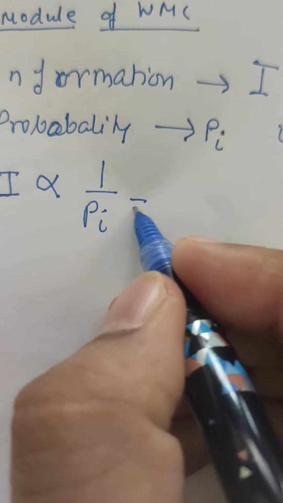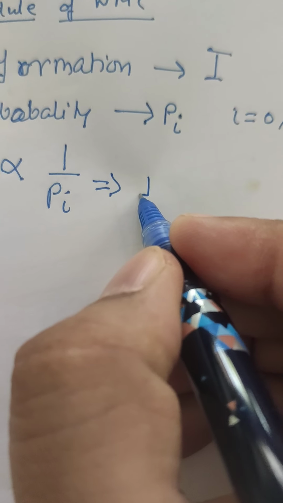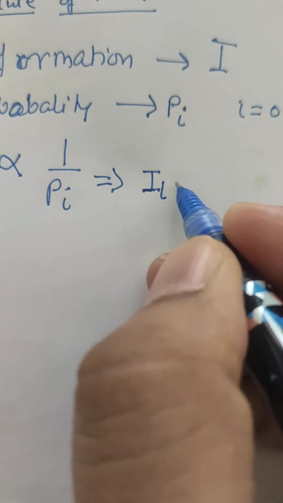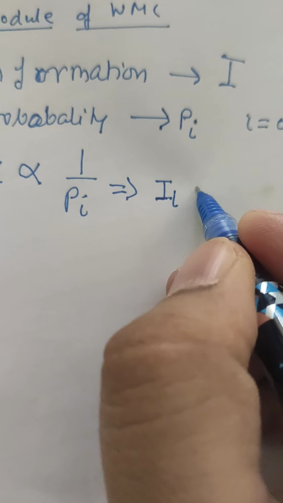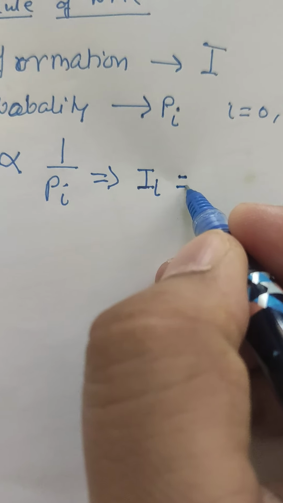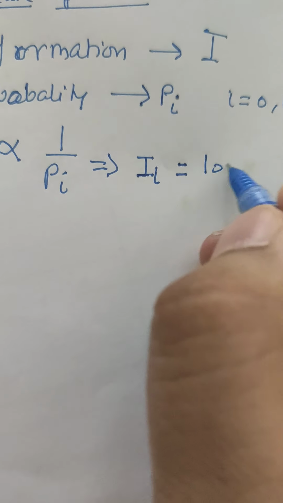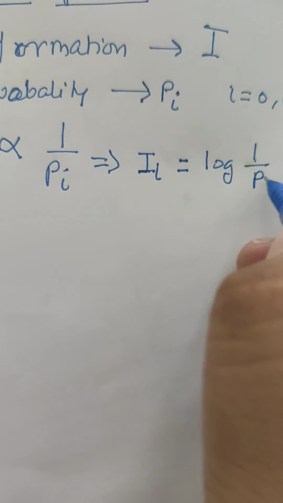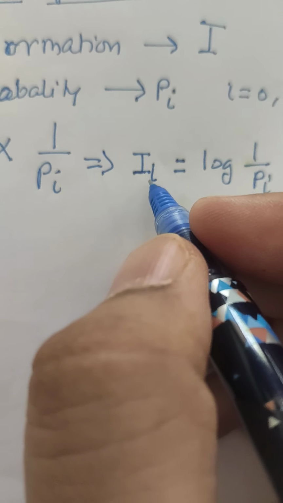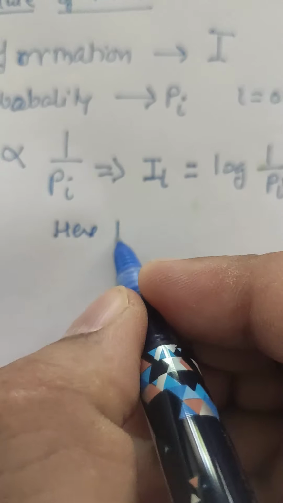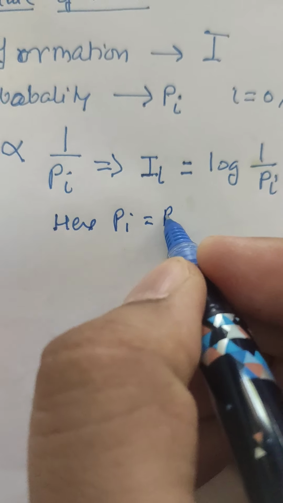If we take I in the suffix of information, it has the relationship I of I equals log of 1 upon pi, where pi is the probability.